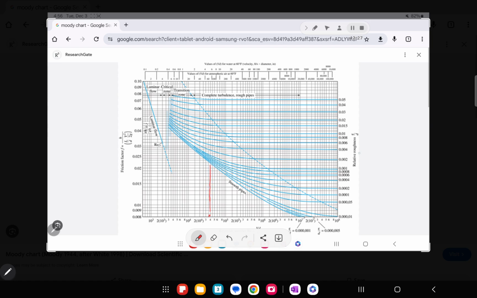And for the relative roughness, we had 2.5 10 to the minus 3, somewhere here, this line.